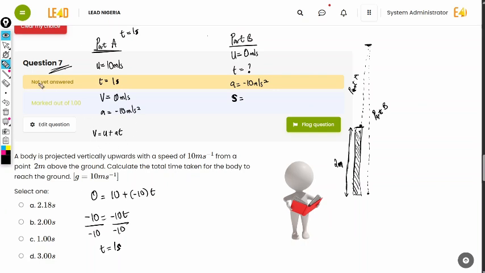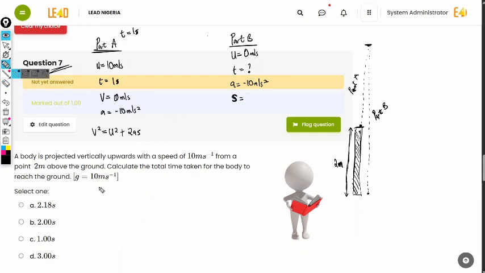So let's use v squared is equal to u squared plus 2as. All right, so let's use that to solve for s.